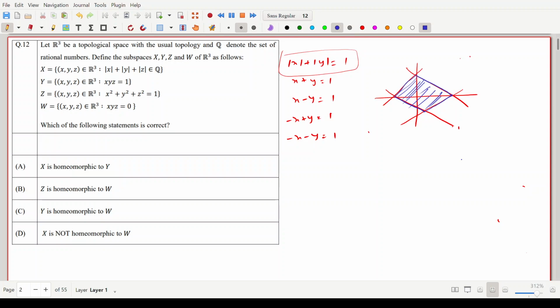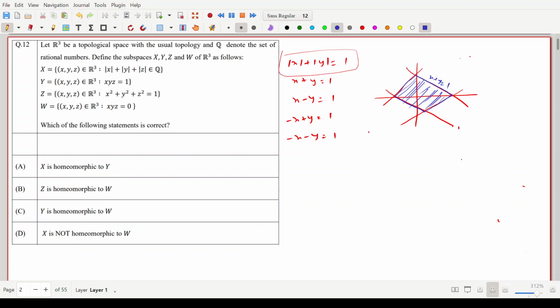This is the graph of mod x plus mod y equal to 1. What I have done, I have just drawn x plus y equal to 1, which is this equation, and then the others also. I have drawn all the four lines, and then I am able to find it is like a mat-like structure, that is a rectangle structure.